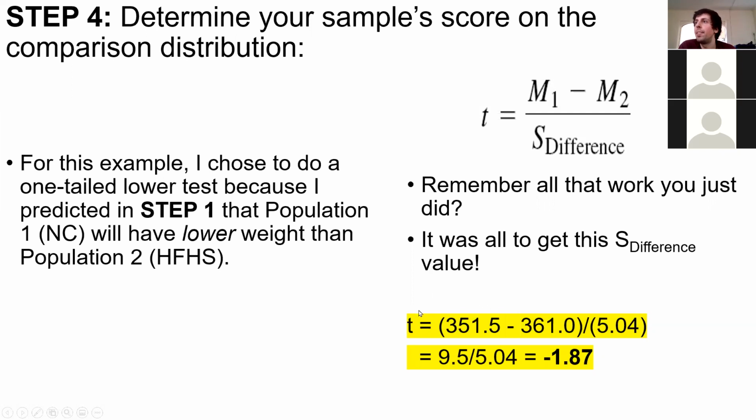But once we have it, it's a simple matter to calculate the difference between sample 1 and sample 2's means, divide it by 5.04, and that gets us a t-score of minus 1.87. So now the last step is to figure out whether our sample t-score of minus 1.87 is more extreme or not extreme enough to reject the null hypothesis.